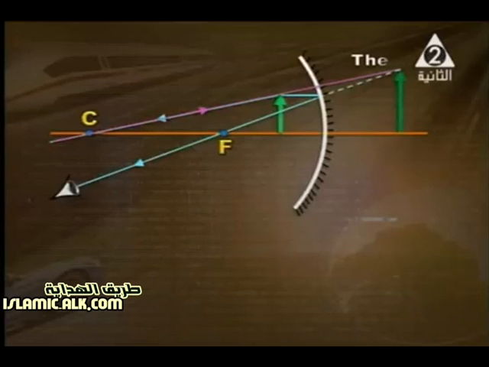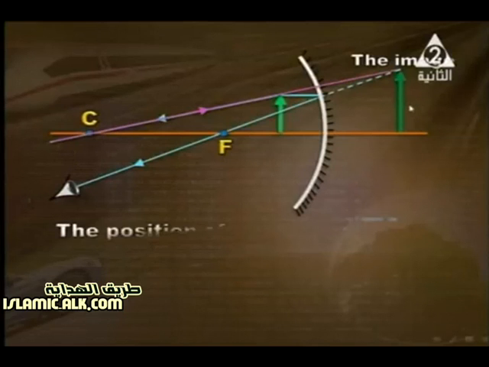So by taking the extensions of the two rays, the image is formed on the other side of the mirror, or behind the mirror, and the image is found to be upright, magnified, and virtual.